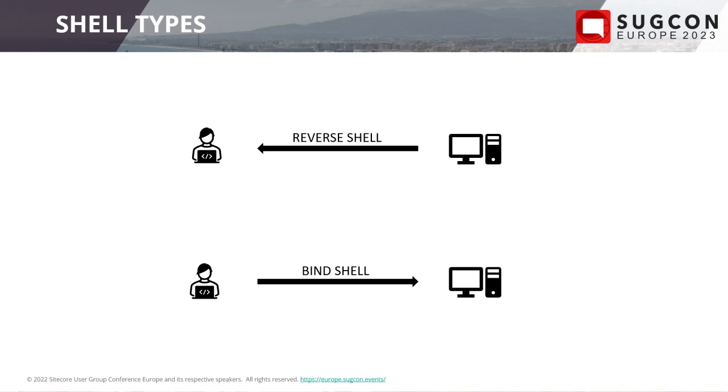Then we have a third type that is kind of a subset of the bind shell, which is a web shell. And that we are also going to see today, but that is where you put a malicious web page on a system, like Sitecore, any web server for that instance, and you can execute code via that one.